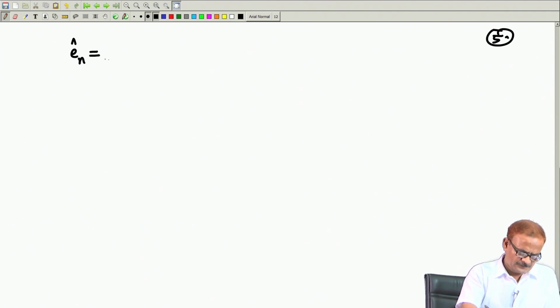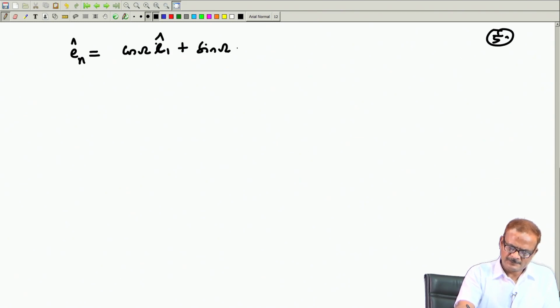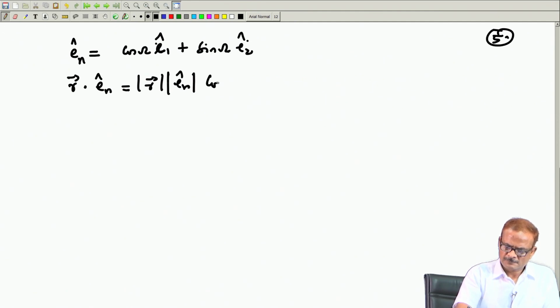So, E n cap we have written as cos capital omega E 1 cap plus sin capital omega E 2 cap. You can see here this is theta plus omega.